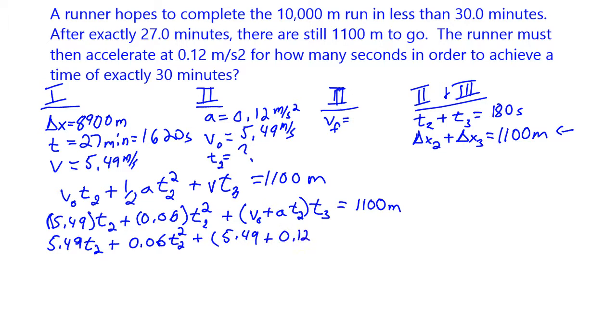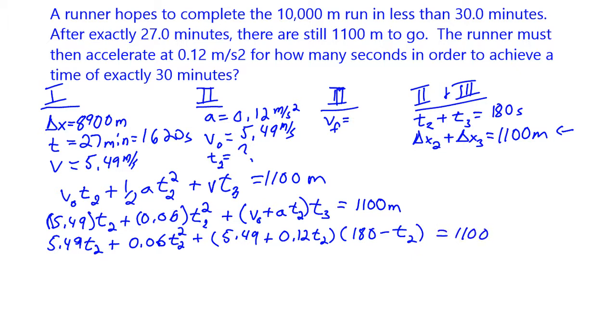And for T3, I'm going to say T3 is 180 minus T2. That equals 1,100 meters.